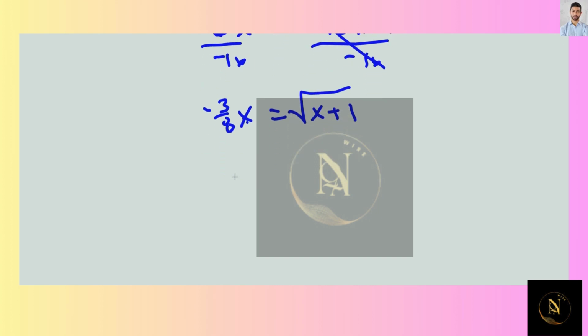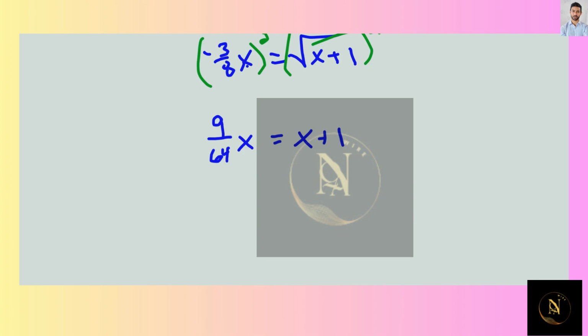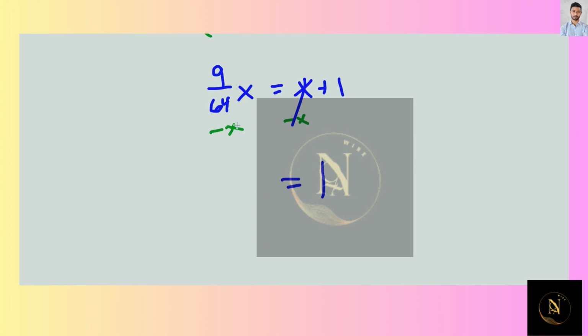We can now square both sides to get rid of the square root. And so that would be 9/64 equals x plus 1. Subtract x from both sides, and you have 1 equals, think of this as 9/64 x minus 64/64 x.